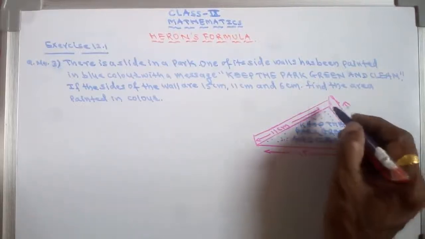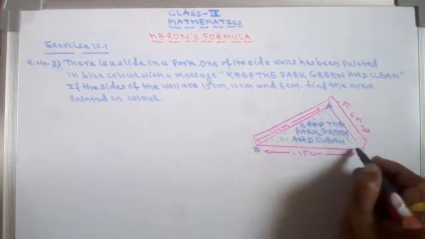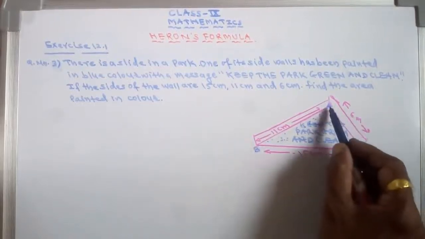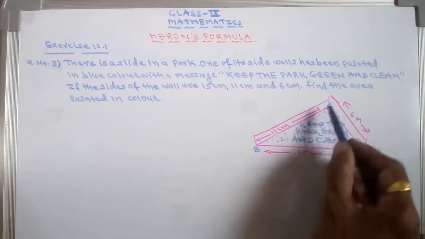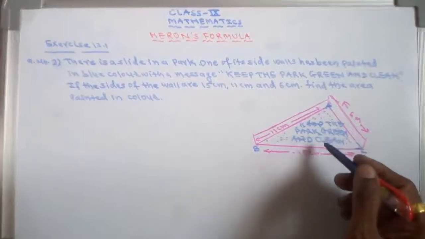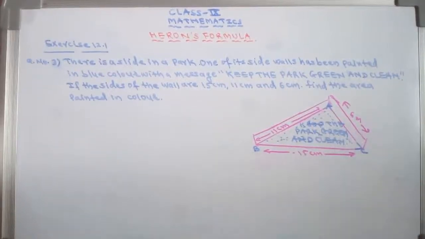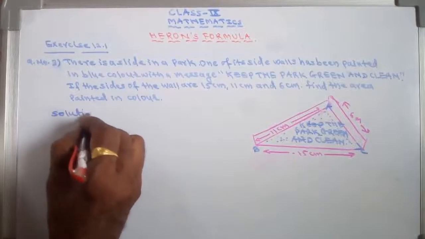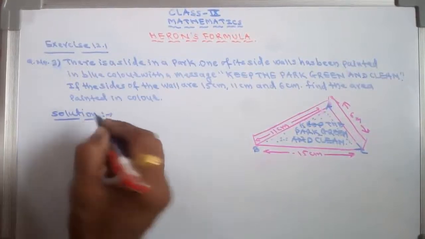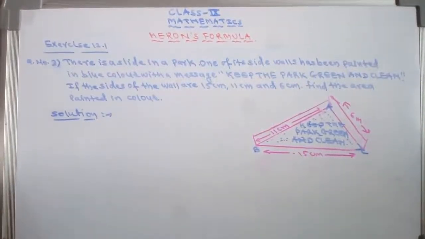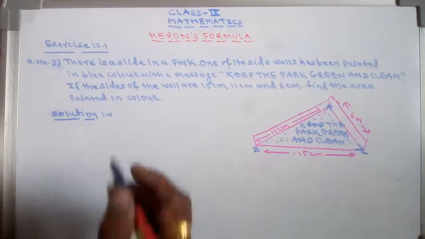Now here this is a triangle ABC. If we consider this ABC as a triangle, three sides are given. This is 6 centimeter, this is 15 centimeter, and this is 11 centimeter. So to find the area of this painted in color, let us find out the semi perimeter first of all. So solution: here first find the area of the side walls measuring 15 centimeter.